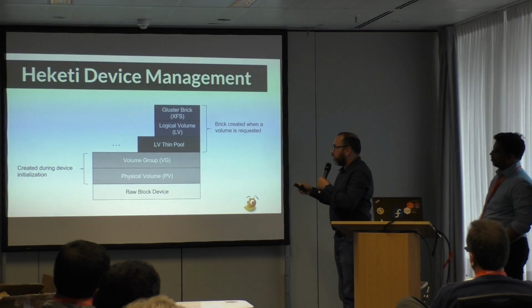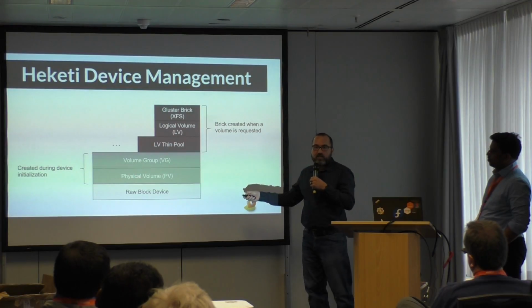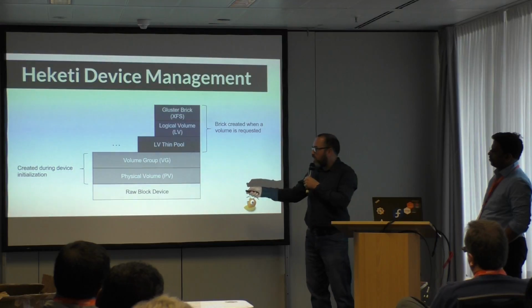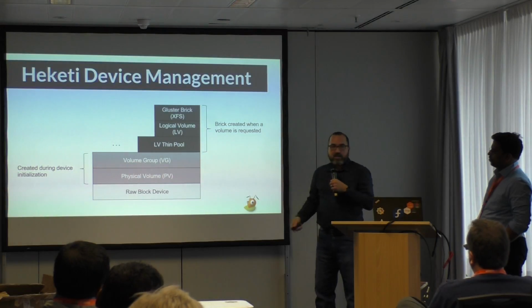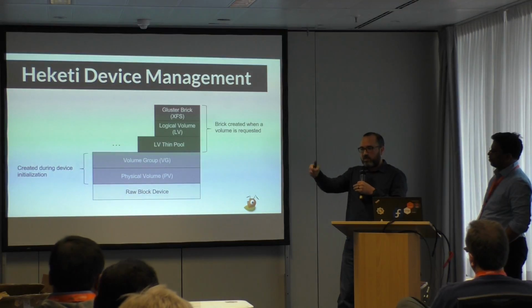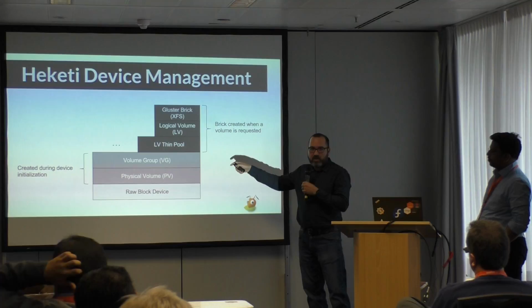And what it does is that it creates a PV on that disk, across the entire disk. And then after that, it creates a VG on top of that. That's all it does. So when you tell it a device in some system, it has to be a raw device, PV and VG.